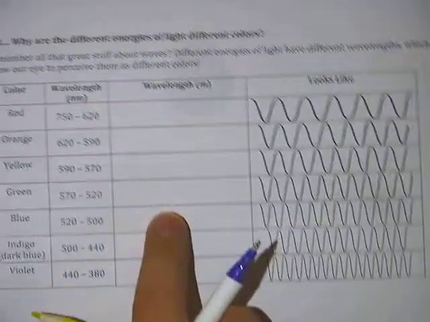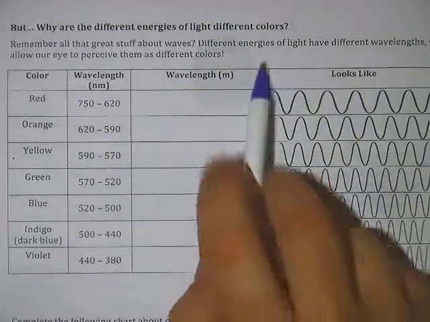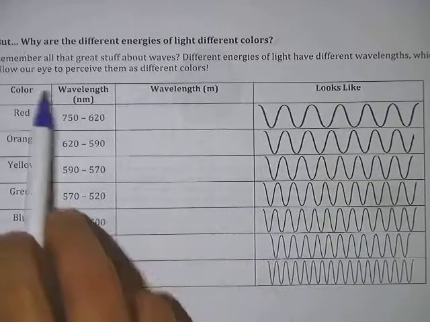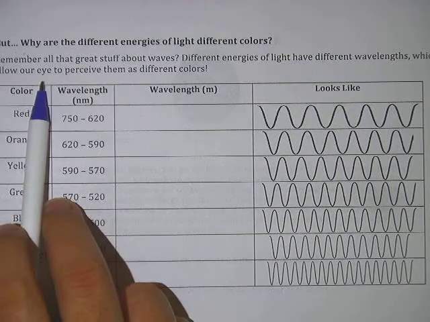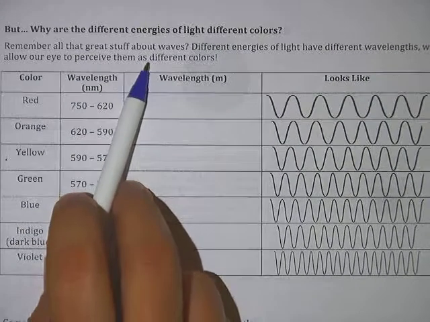So, why are the different energies of light different colors? You have to remember when we were talking about the electromagnetic spectrum and waves, it turns out that different energies of light have different wavelengths, and the way that human evolution has worked is that our eyes perceive different wavelengths of light to be different colors.